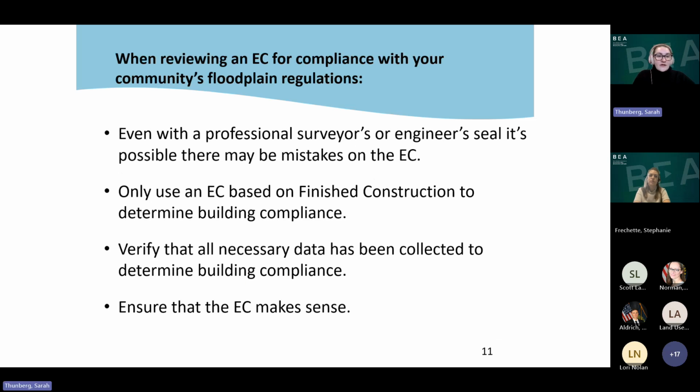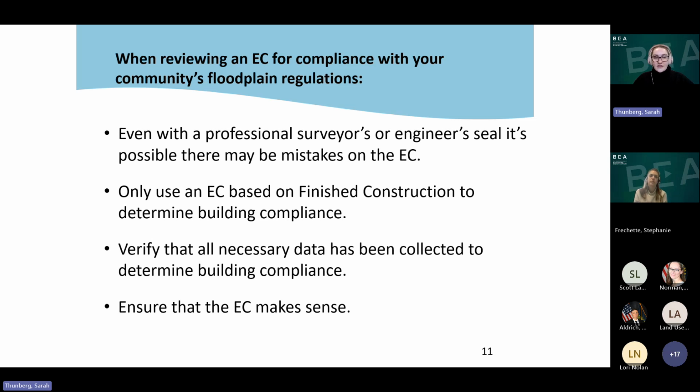So even with a professional surveyor or engineer's seal, it's possible that there may be mistakes on the elevation certificate. So you want to review it every time you get an elevation certificate. You want to make sure that you are reviewing it against your community's local floodplain regulations, based on the final construction, to determine building compliance.